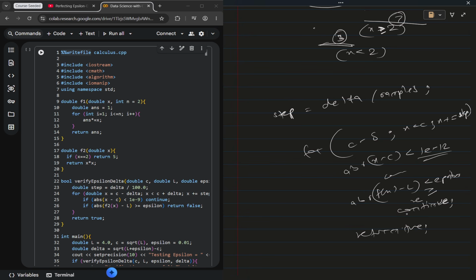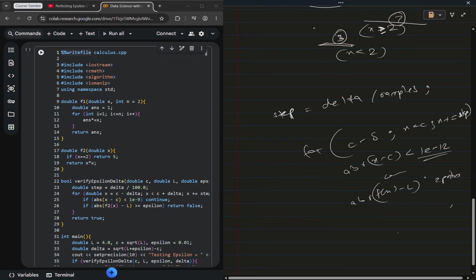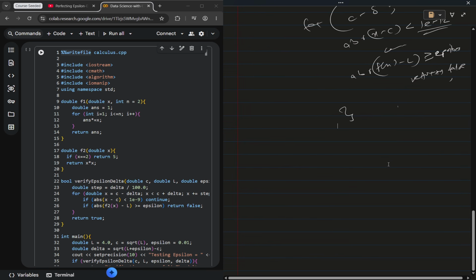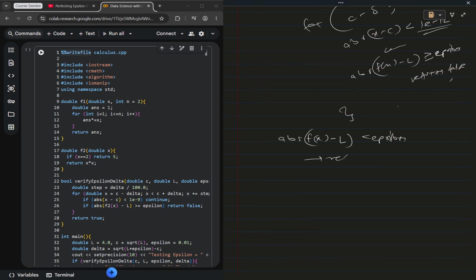So instead of writing it two times, we'll just directly write greater than or equal to epsilon, and then directly return false over here. And for less than, you'll have this for loop ending, and you'll have your absolute of f(x) minus L less than epsilon. For this, you can just return true over here.